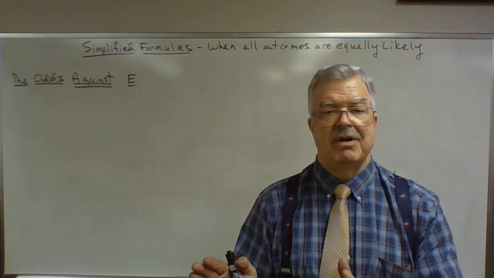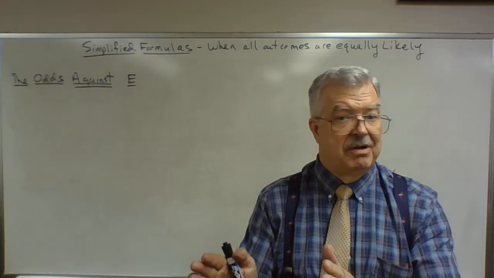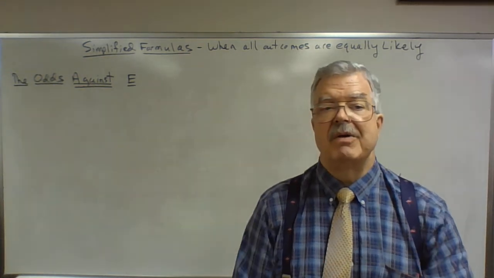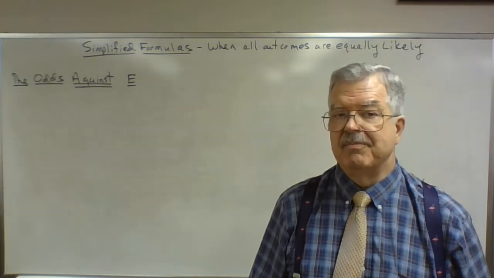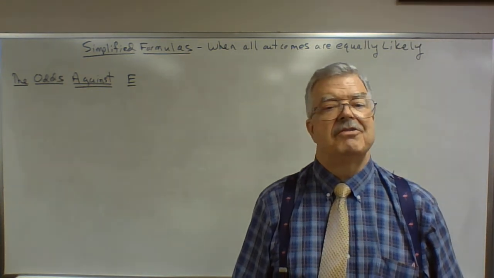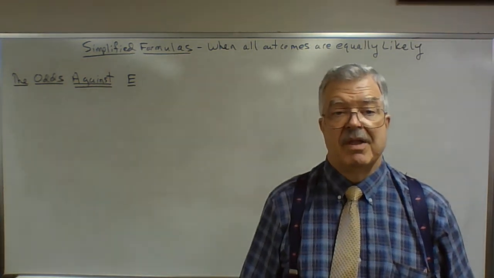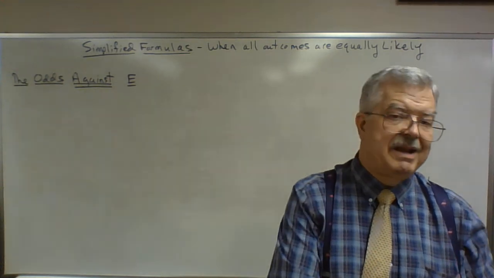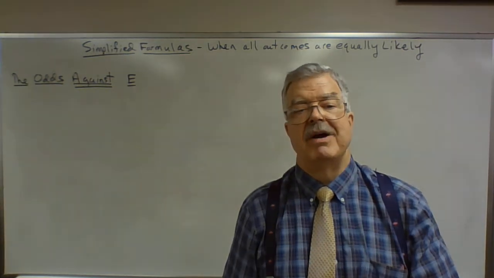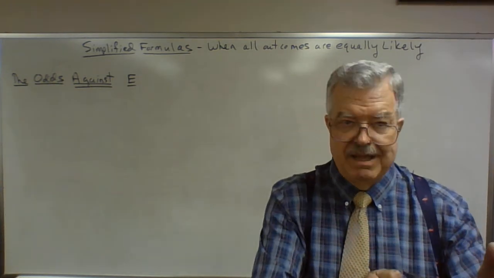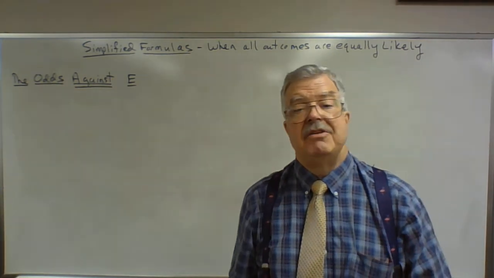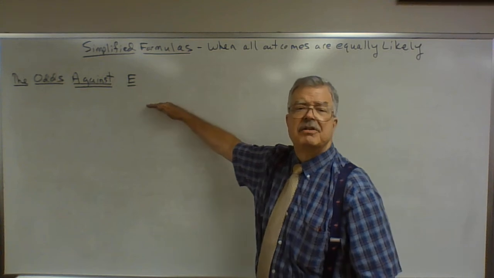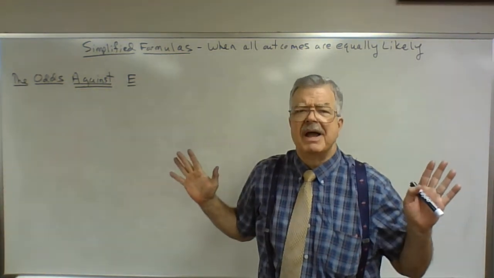We don't know the number of outcomes that result in E. We don't know the number of outcomes that don't result in E. The odds against a person getting hit by lightning. We don't know the number of outcomes that result in a person not getting hit by lightning. We don't know the number of outcomes resulting in a person getting hit by lightning. So in cases like that, the formulas that I'm going to show you don't even apply anyway.